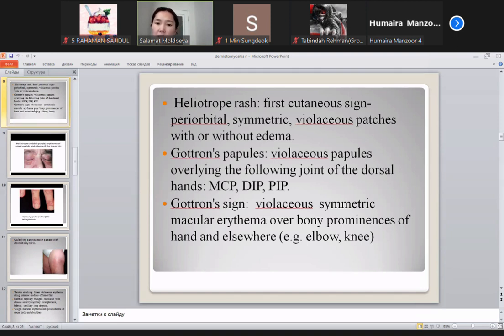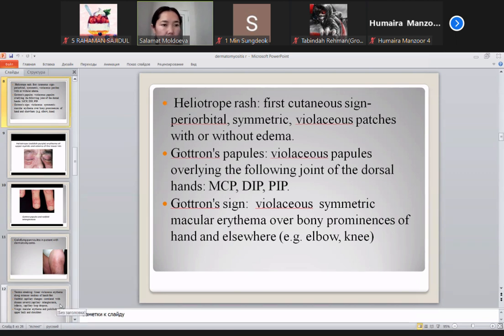Gottron sign is symmetrical macular erythema, mainly located on the elbow and knee, areas where there is flexion of the big joints. You should understand that Gottron sign is different, Gottron papules are different.